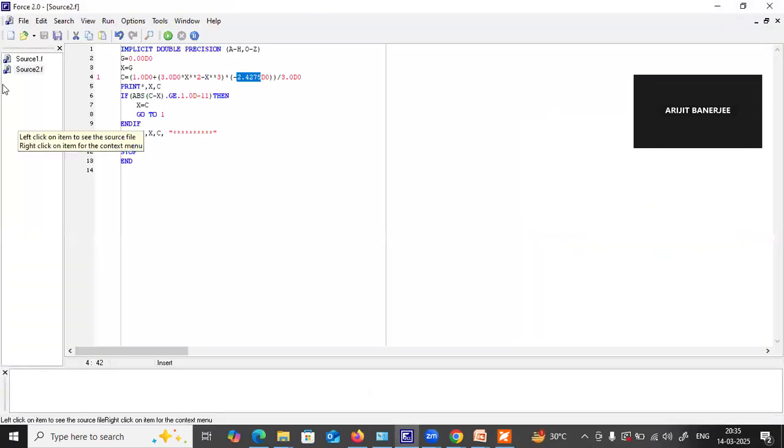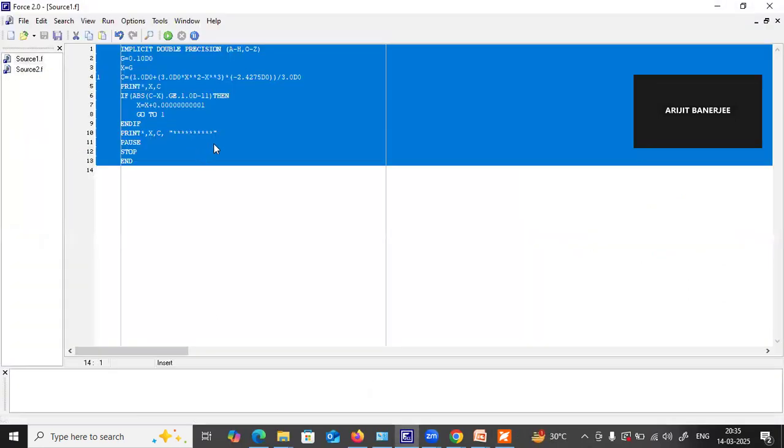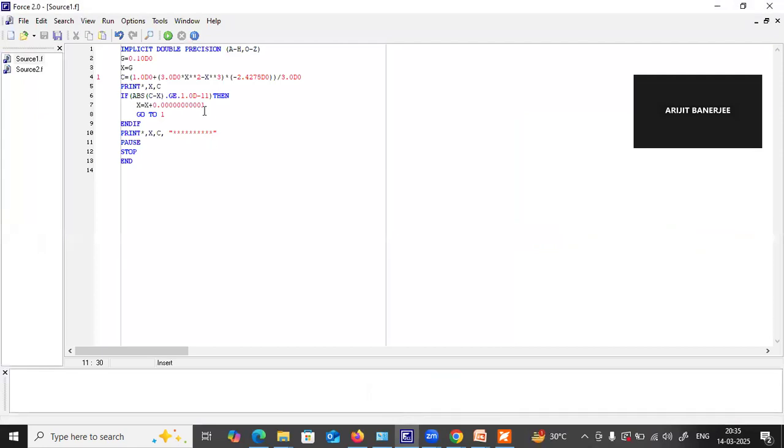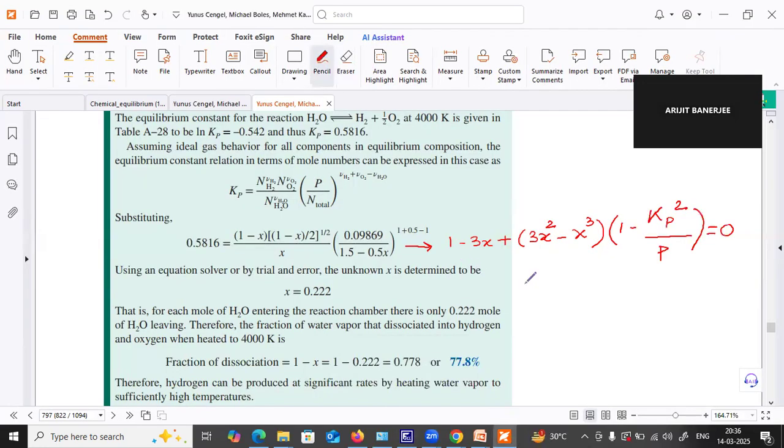Now I will show how to solve it. You see that this is a FORTRAN code that I have written. Now I will try to solve it by trial and error. In this trial and error, I am writing x in terms of the remaining terms.